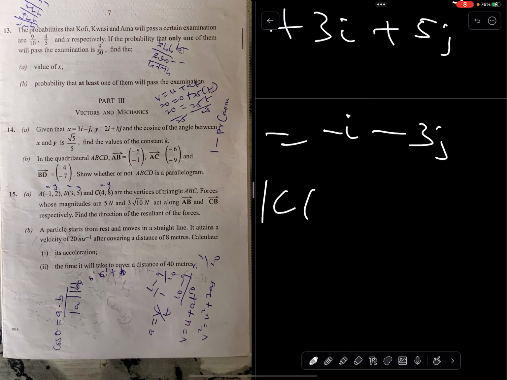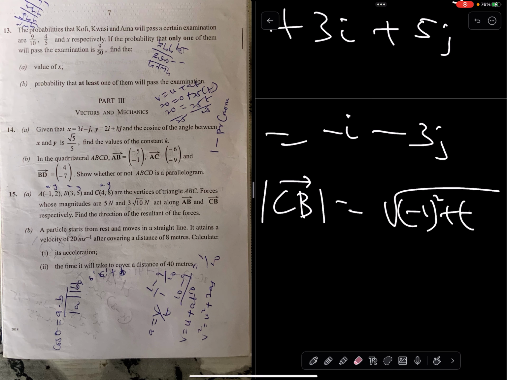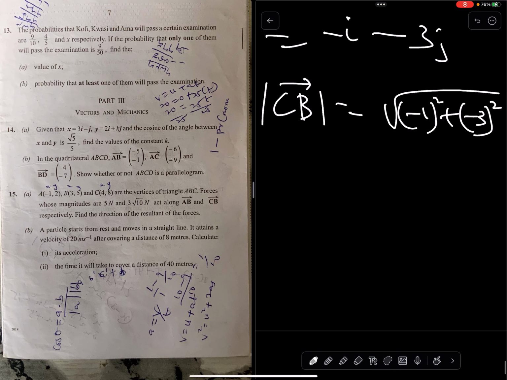Therefore, the magnitude of CB is going to be equal to the square root of (minus 1) squared plus (minus 3) squared, which simply means the square root of 1 plus 9, which is the square root of 10. Of course, the square of minus 1 is 1, the square of minus 3 is 9, and 1 plus 9 is 10.